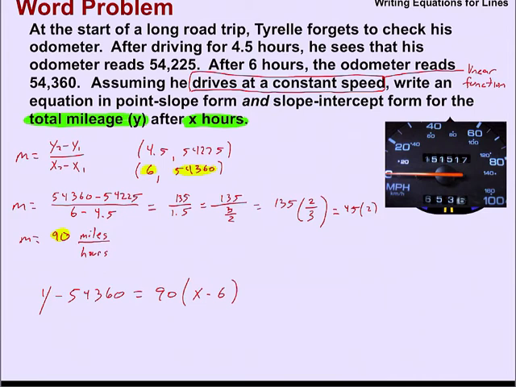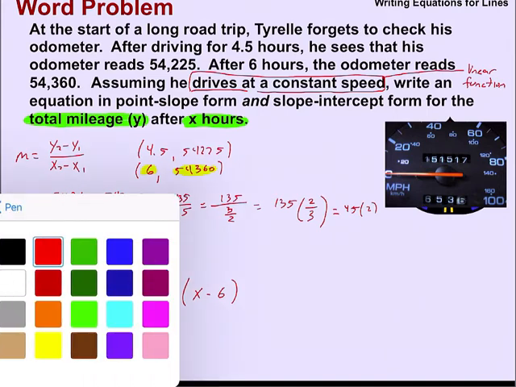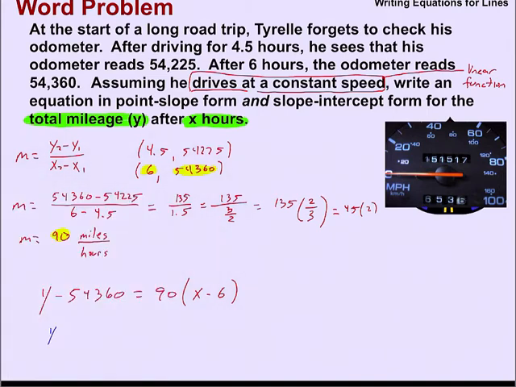If the directions would have ended here, I'd be done. They did ask me for slope-intercept form, so I'm just going to take an extra second and get that y by itself. I'm going to add the 54,360 to the other side, while also distributing the 90.